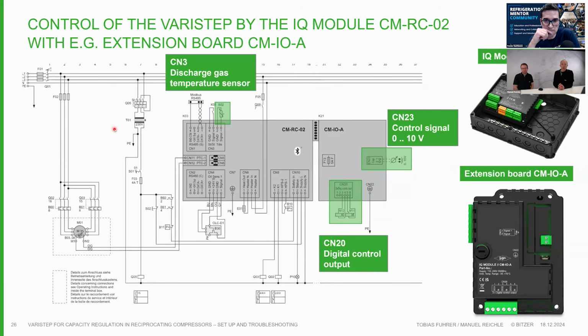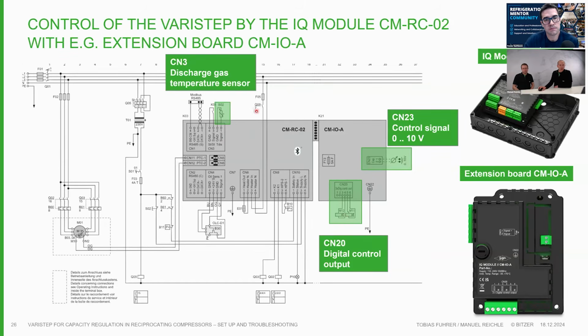That is done by the IQ module that has now been mentioned a couple of times, and that could be done in combination with the extension board CM-IOA, on which you then just provide a control signal from the system controller, right? The capacity signal, 0 to 10 volts, which then activates and deactivates the Varistep accordingly, depending on what capacity is really needed on a given compressor.